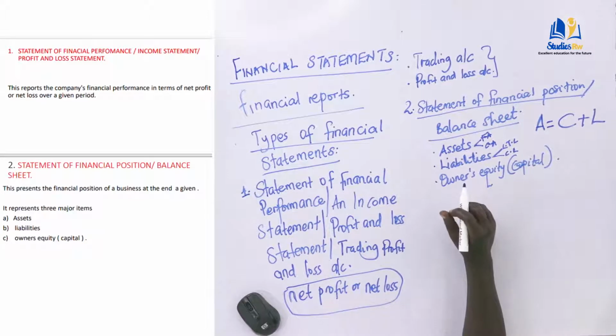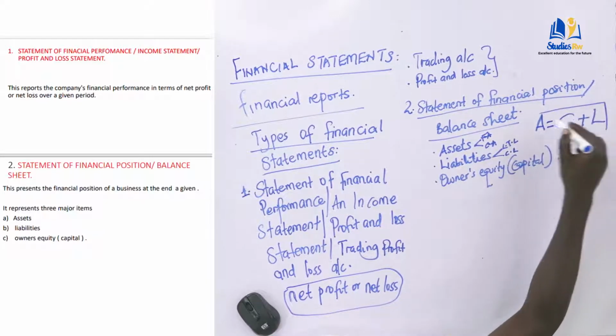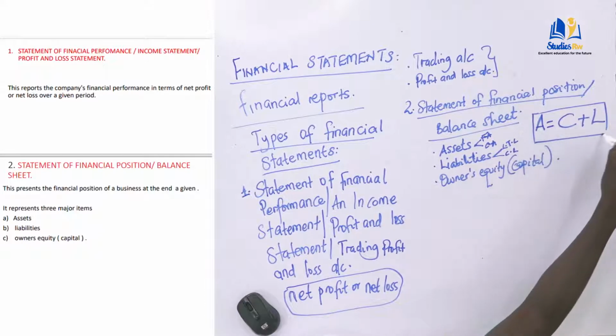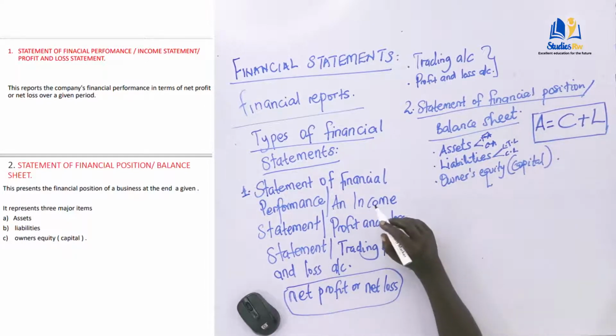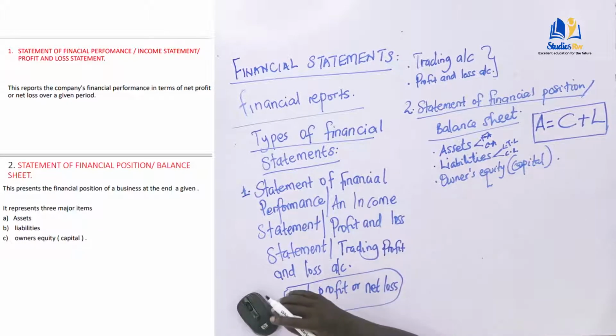Assets are equal to liabilities in that case, or assets equal capital. You have to understand this very well. So on this equation, the balance sheet balances, assets equaling capital plus liabilities. That is the statement of financial position, which represents three major items: assets, liabilities, and owner's equity.